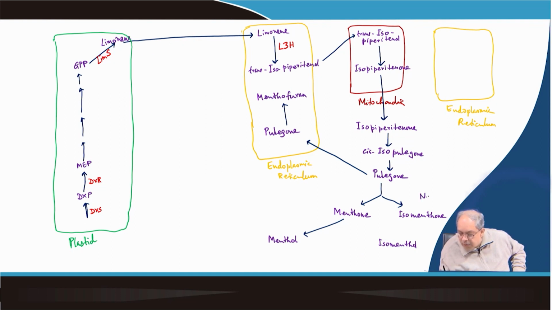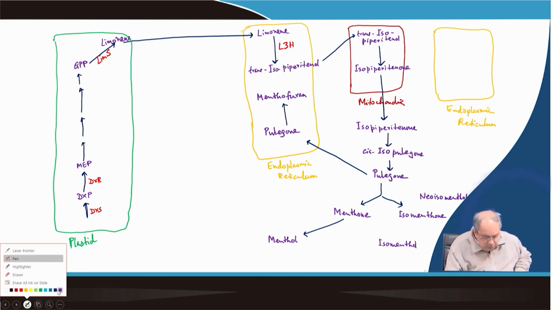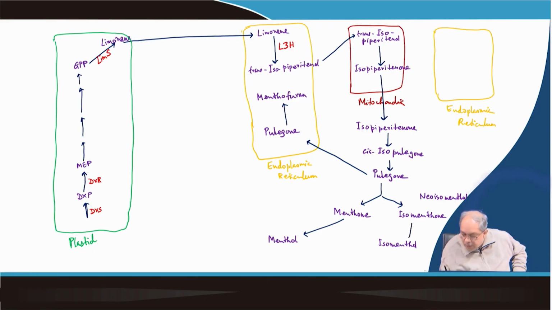So, we put the arrow here. So, this step is basically occurring in the cytosol.